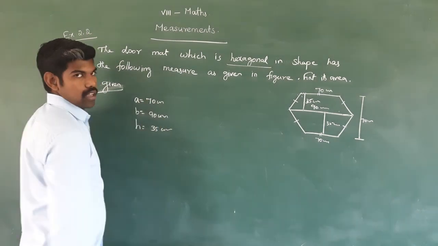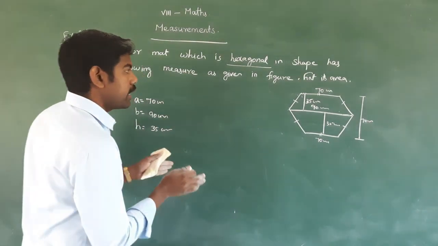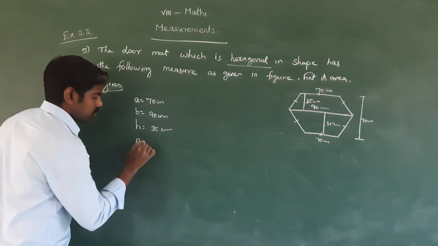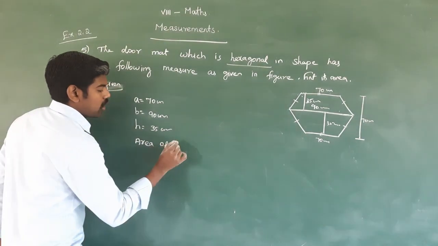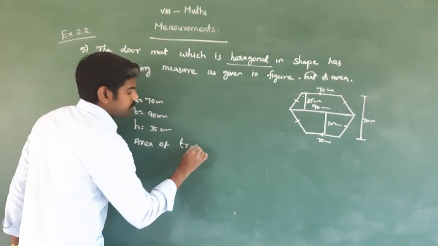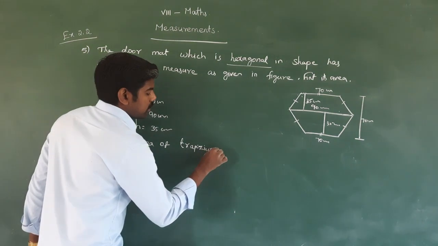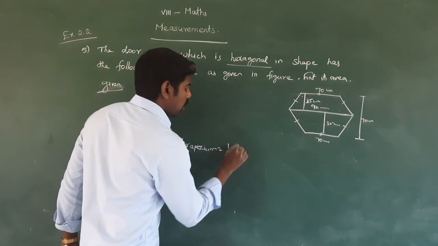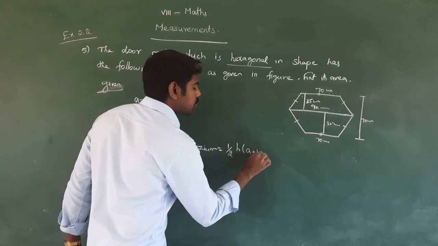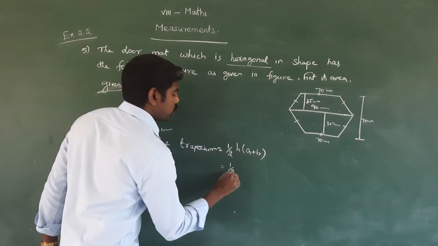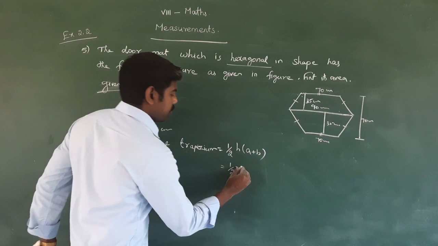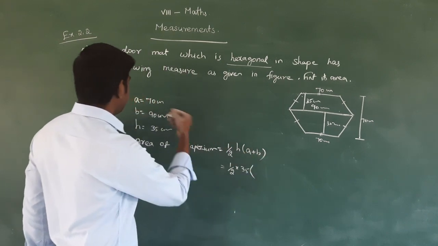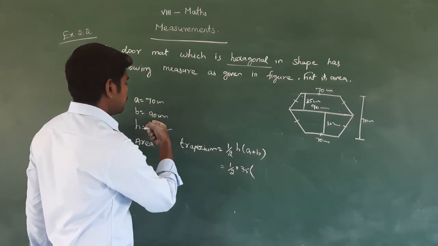Are you understanding? Now find the area of one trapezium. Area of trapezium is equal to 1 by 2 h of a plus b, is the formula. Is equal to 1 by 2, h is 35, of a plus b. A is 70, b is 90.